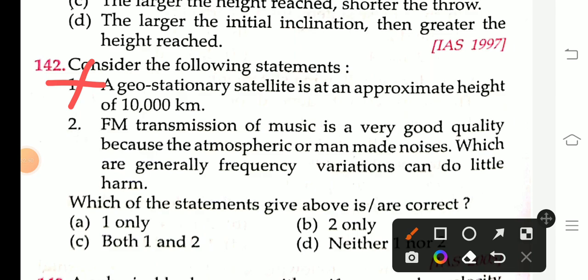FM transmission of music is of very good quality because atmospheric or man-made noises, which are generally frequency variations, can do little harm. Right. Right answer. Which of the following statements is correct? B.